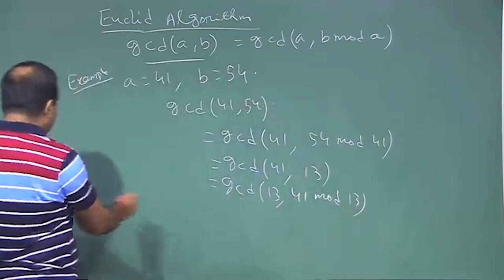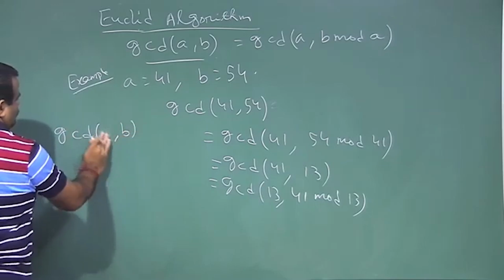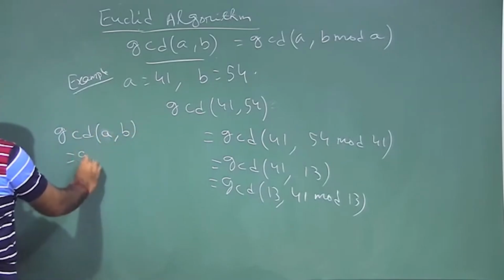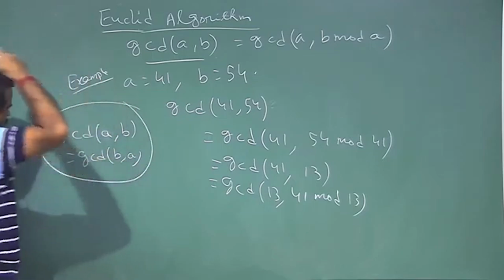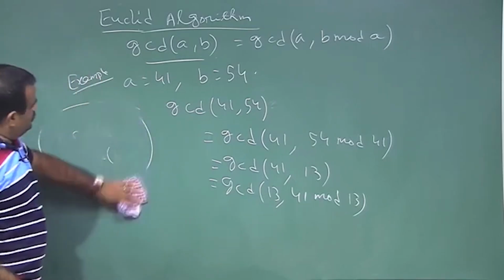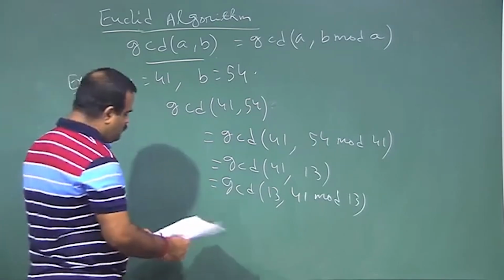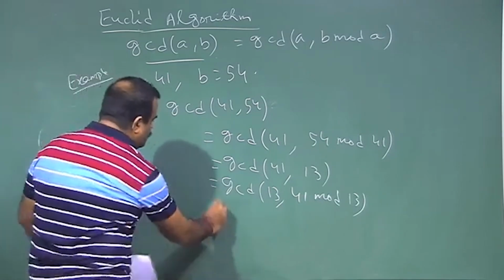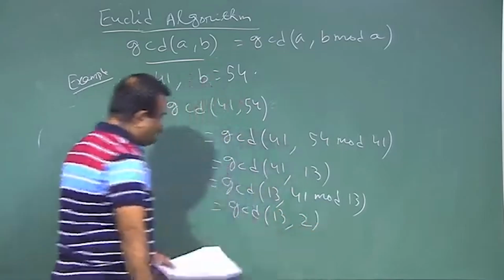This is because GCD of a, b is GCD of b, a. 41 mod 13 is 2. So GCD of 13 comma 2.